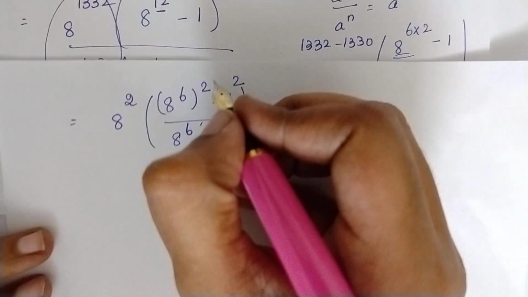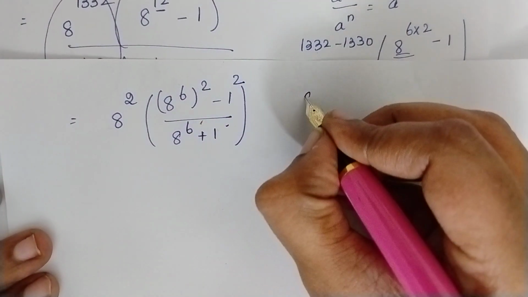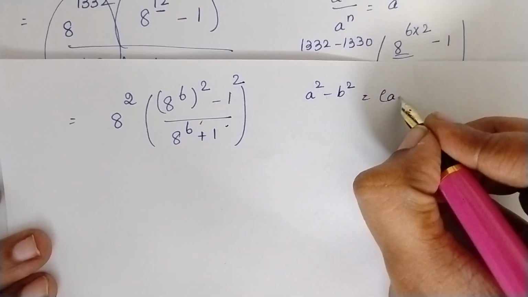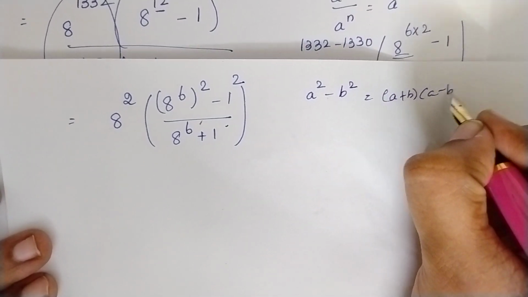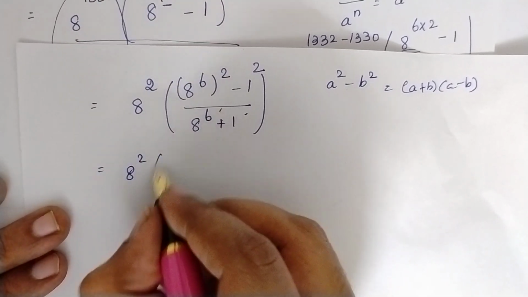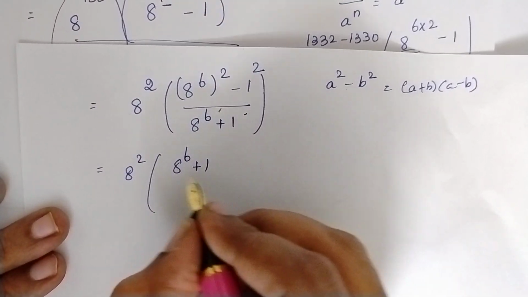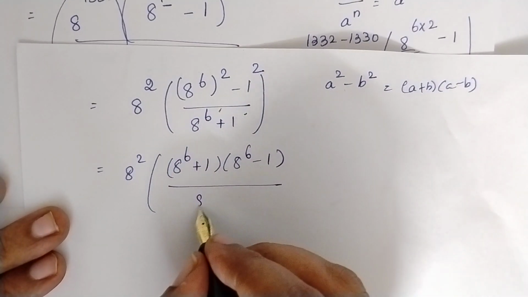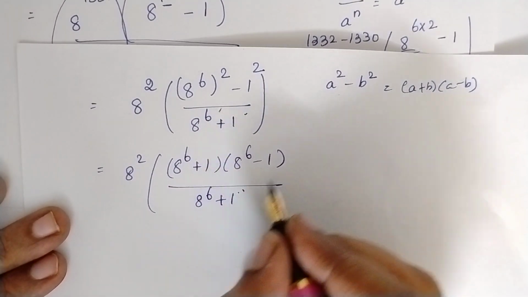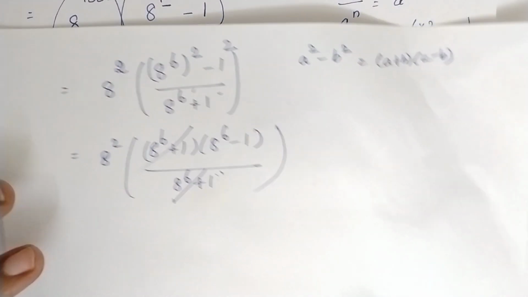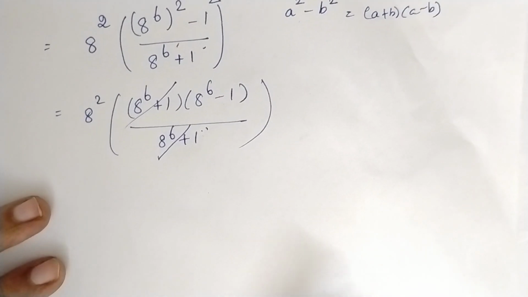By seeing this itself, it is in the form of a square minus b square, which is equal to a plus b into a minus b. So just use the formula here, which gives (8 power 6 plus 1) and (8 power 6 minus 1), divided by 8 power 6 plus 1. So 8 power 6 is there in the numerator as well as in the denominator, so they cancel each other.